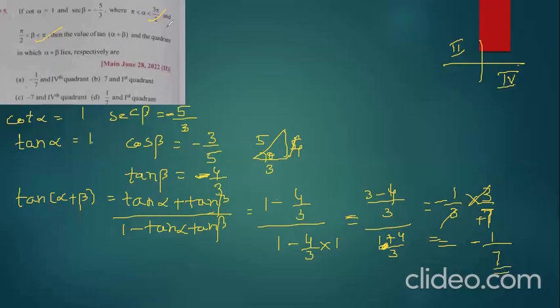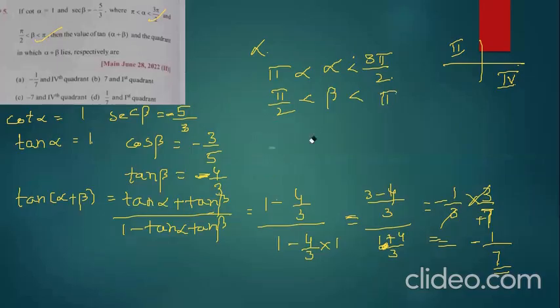Alpha should lie between pi less than alpha less than 3 pi by 2. And similarly, beta, pi by 2 less than beta less than pi. Okay. So if I add these two, I am getting the alpha plus beta interval. Am I right? Yes.